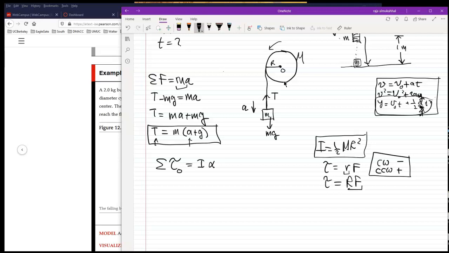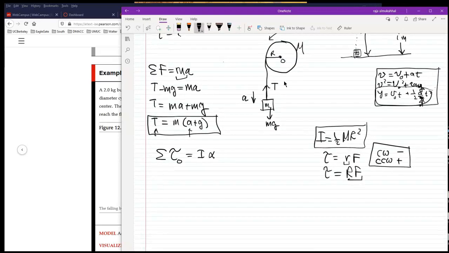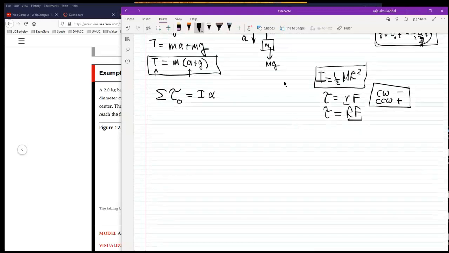Well, how many forces do we have? I'll tell you how. I'm going to draw this same diagram one more time, but tailored specifically for torque. So here is the drum. Here is the radius. And here is the force. That's it. This is the force that is causing the rotation. You got that?